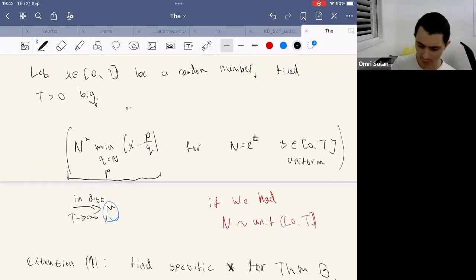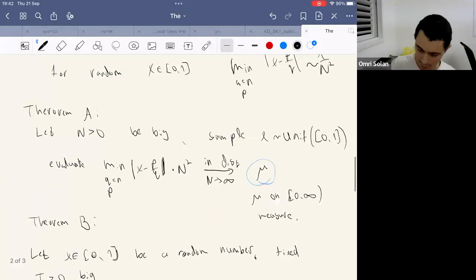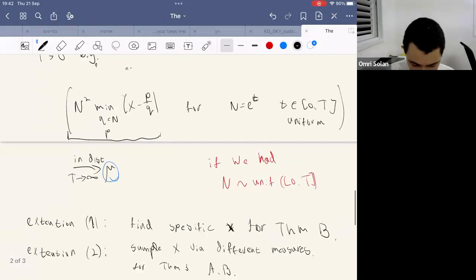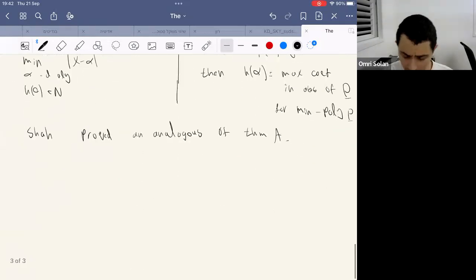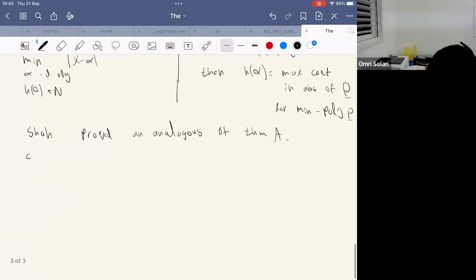There is no one fixed measure, but it's somehow varying on X. I will state it in homogeneous dynamics later in the talk. Shah proved an analogous theorem A, and together with Andreas, we proved an analogous for theorem B.